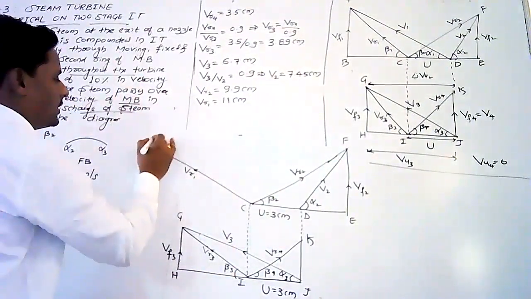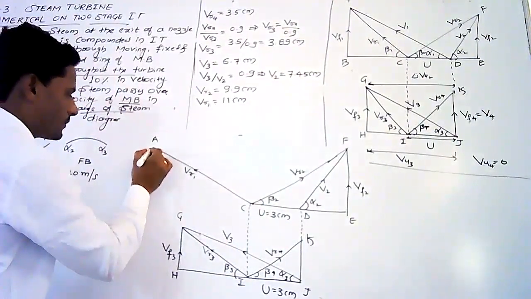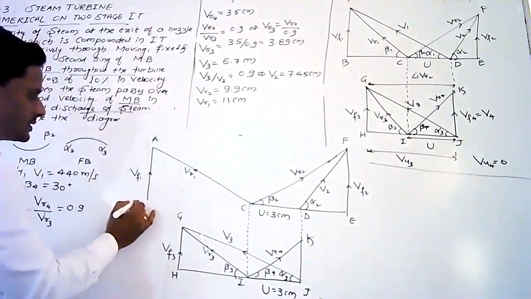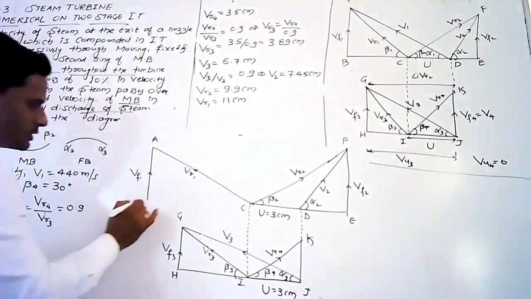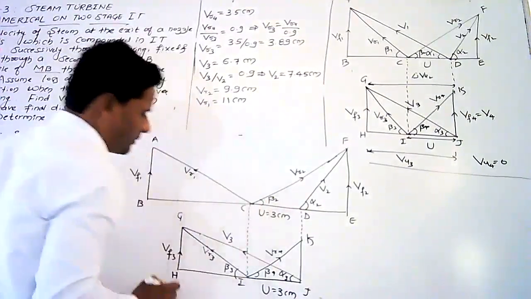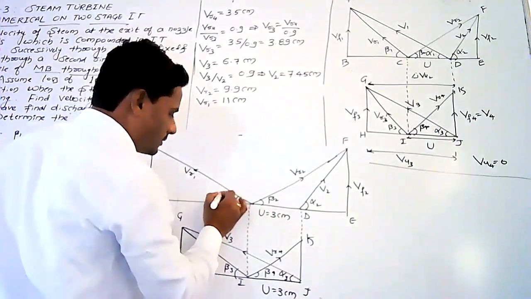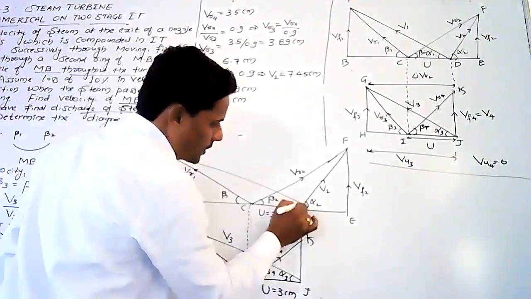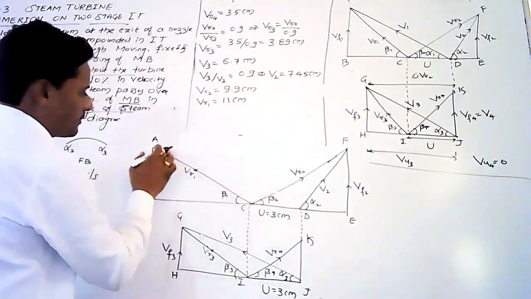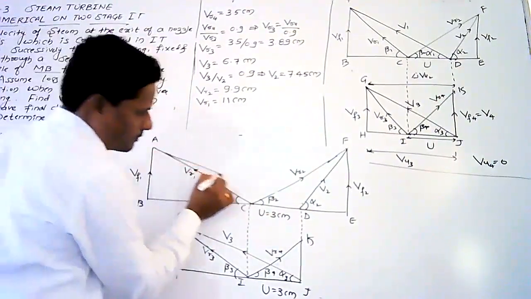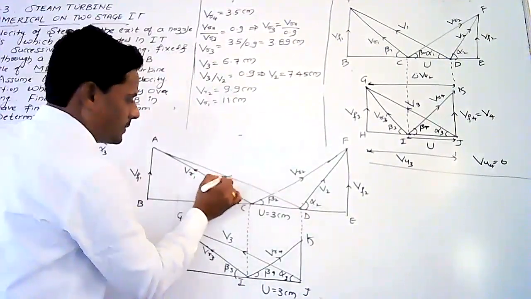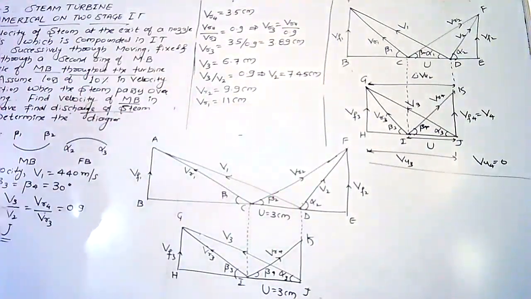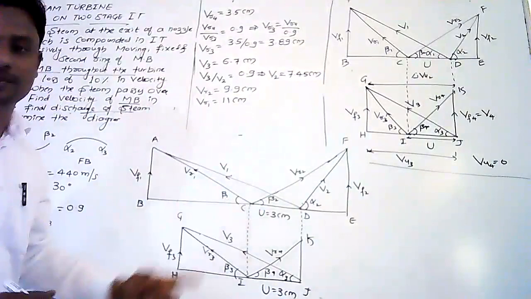So we got the point A. From point A, drop a vertical line. This will be VF1, and this is the location for point B. Join BC, which is beta 1, and join AD. This will be V1. I may not get the correct angles or lengths because this is a freehand sketch.